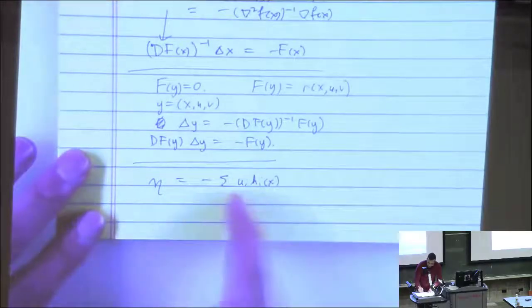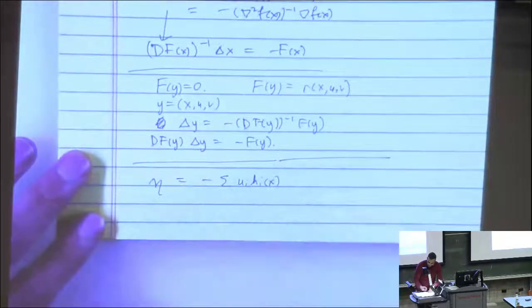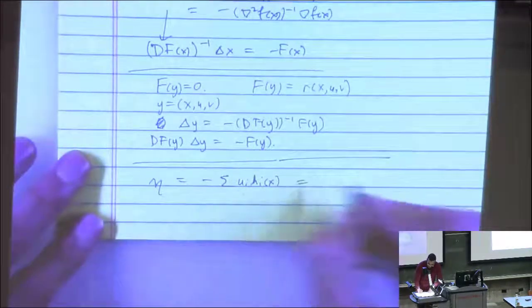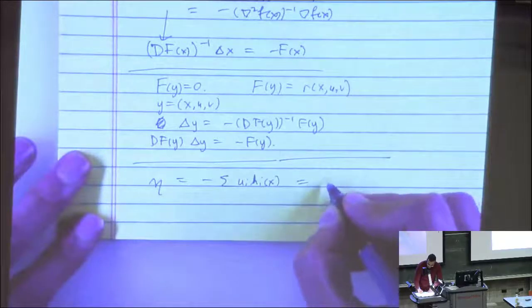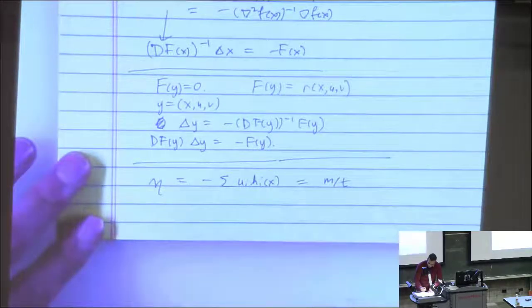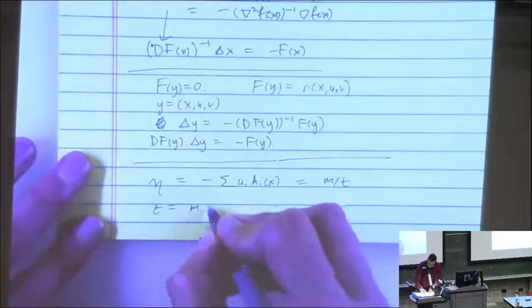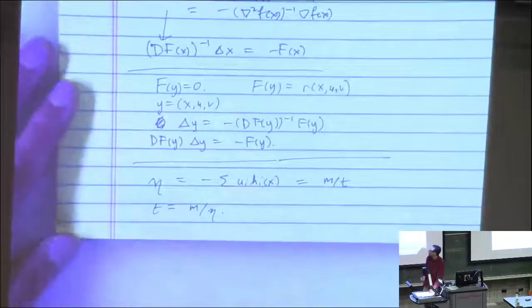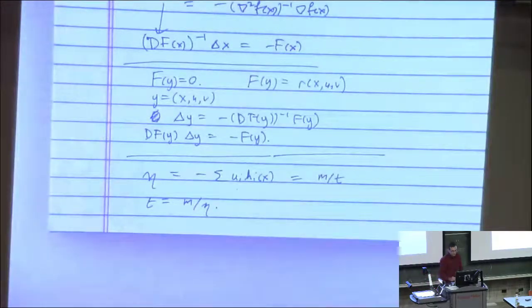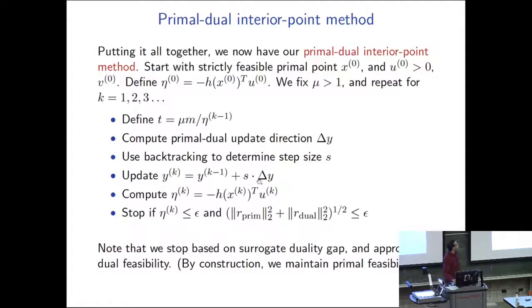And if perturbed complementary slackness told us that the product of these two is minus 1 over t, then this would be m over t. And that means that t is going to be m over eta, which is indeed what you see here. I just had written it backwards in the previous slide.